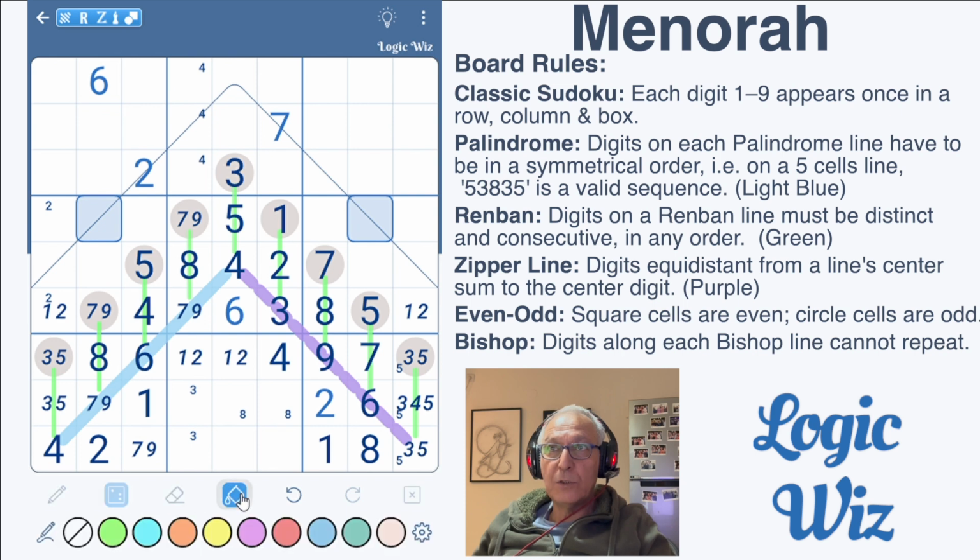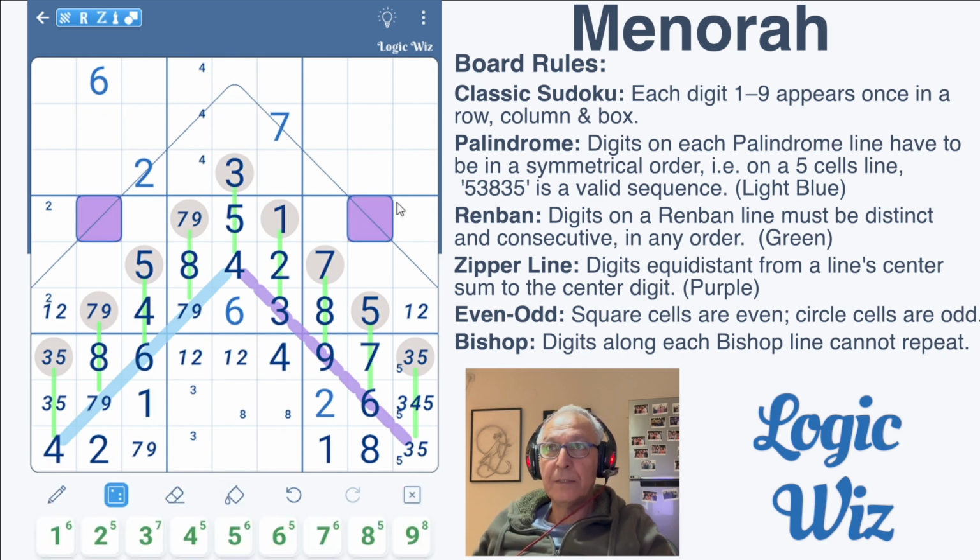I don't want to pencil it in. I'm going to put a highlight in this cell because they are in the separate boxes. So one of these must be free. We cannot have 4 here or here, and we have a 4 here. 4 must be here.